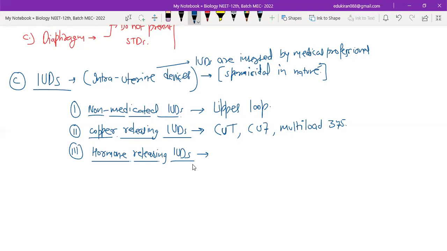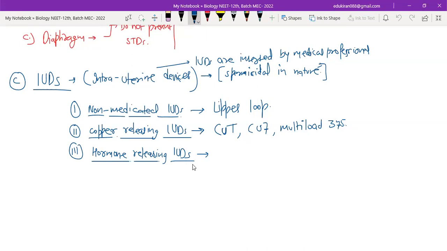The word phagy is associated with eating. Remember coprophagy? Can I repeat? The word phagy is for eating up. So phagocytosis means eating up of the cell, of the sperm.